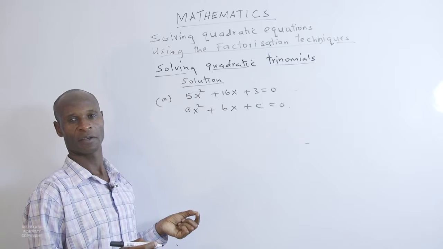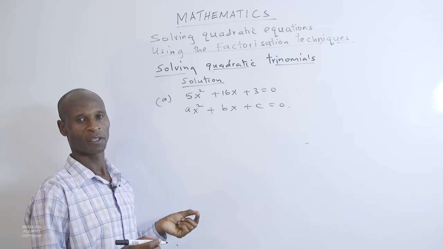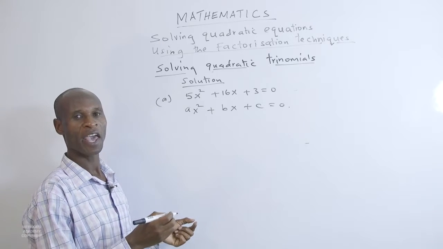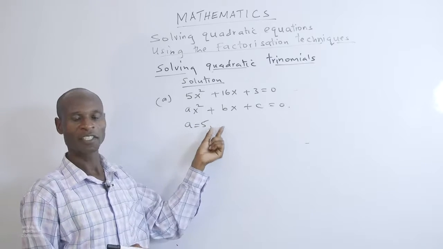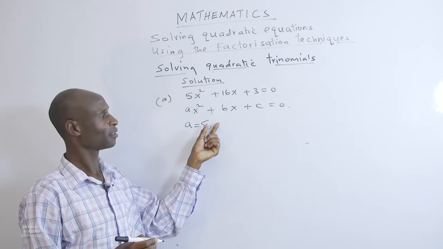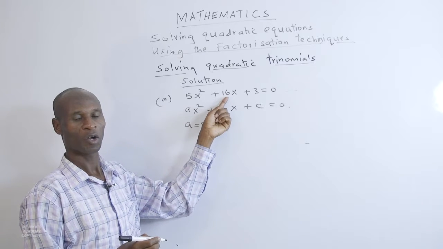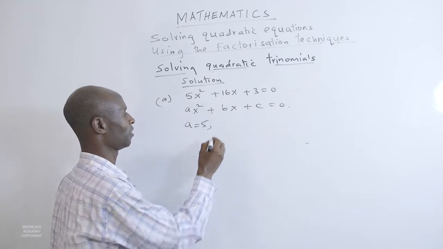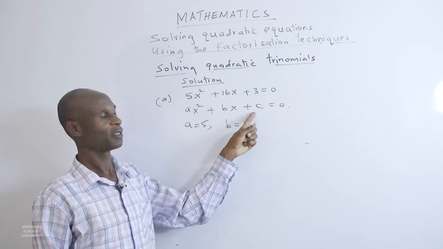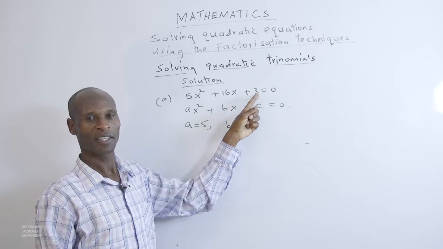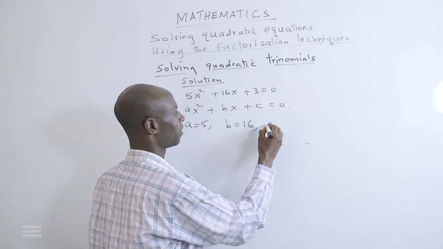What is a? Coefficient of x squared. So in our case, a is 5. What is b, class? b is the coefficient of x, which is 16. What is c? The c in our case is the constant term 3.